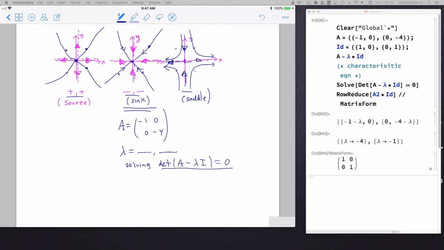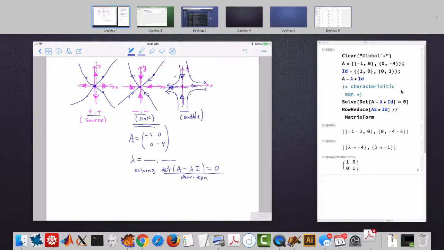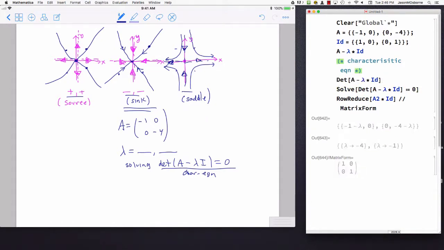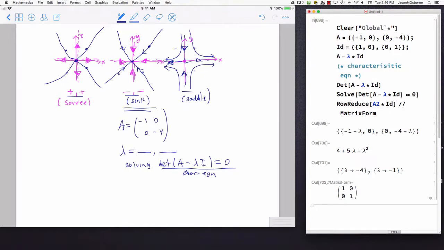This is called the characteristic equation. And the characteristic equation comes out to be lambda squared plus 5 lambda plus 4, set equal to 0, and when you solve for lambda, lambda comes out to be -4 and lambda comes out to be -1. So there are your eigenvalues.